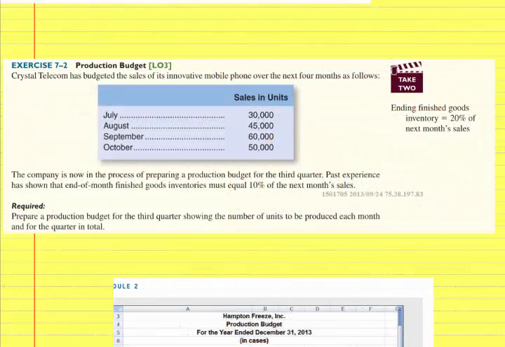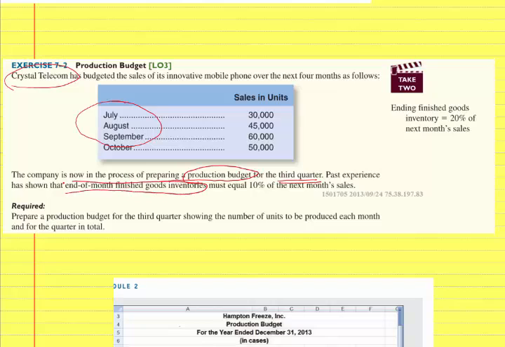So let's take a look at exercise 7-2. Crystal Telecom has budgeted sales of its phones for the next 4 months as follows. The company is now in the process of preparing a production budget for the third quarter. And the third quarter consists of July, August, and September. Past experience has shown that end-of-month finished goods inventory, that's ending inventory, must equal 10% of the next month's sales.